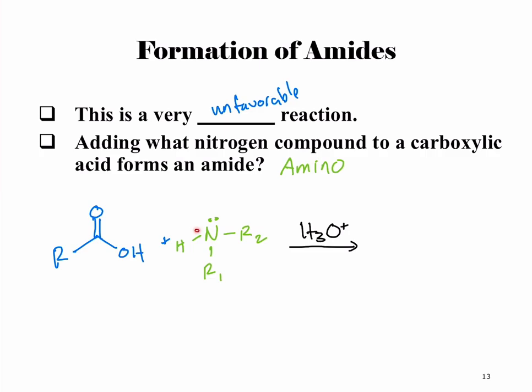So we're gonna take, and I said this proton is important because you need it for the amide reaction to happen, and this nitrogen is going to bond to this carbonyl, and we're gonna lose the OH and lose the H here, right? So what this is going to look like is we will have R carbonyl, and then the amino side right here.